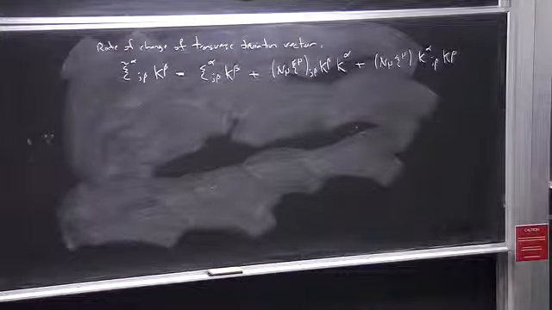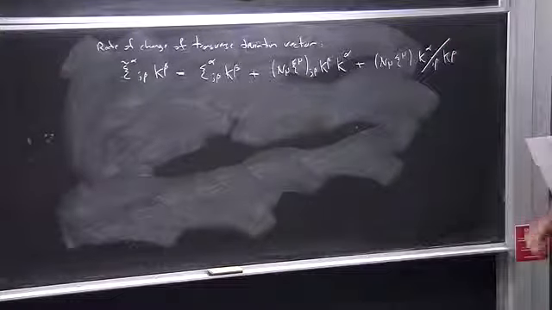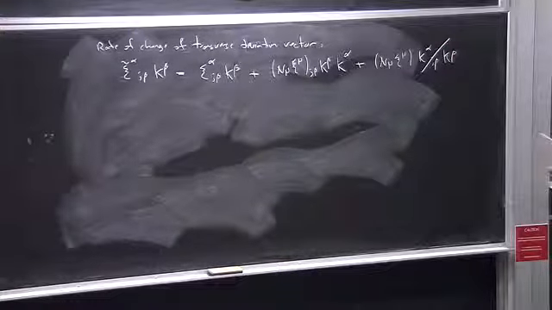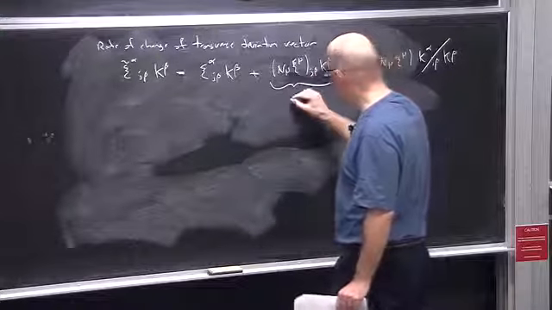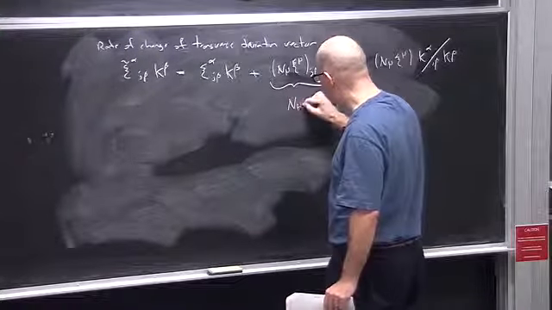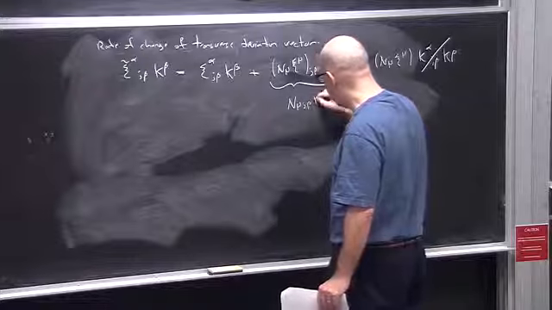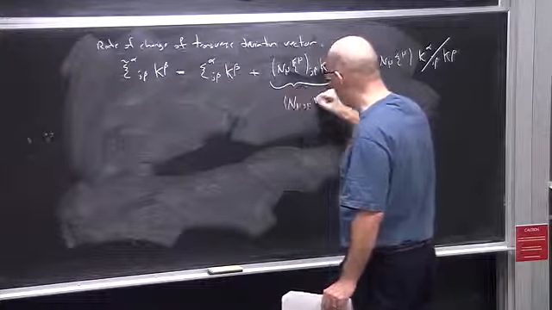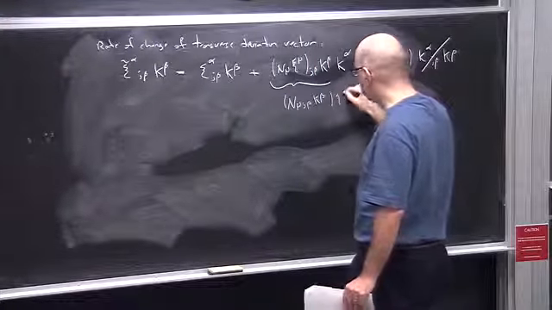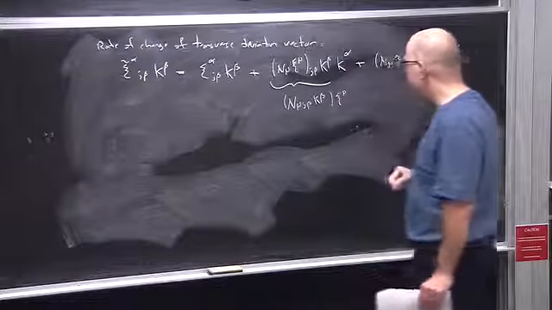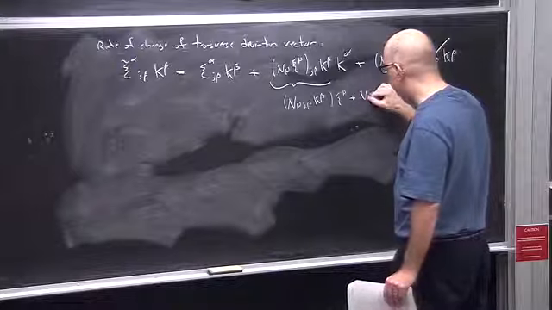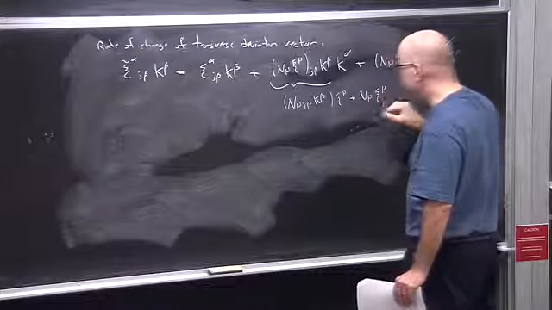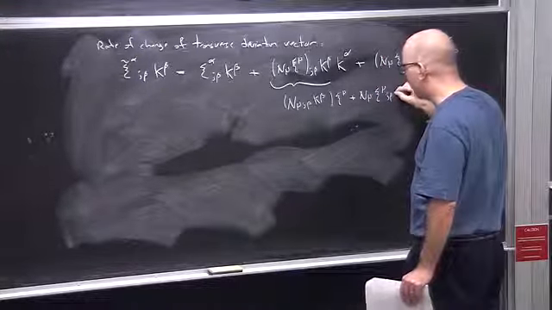So the last term is 0, because this satisfies the geodesic equation. We have to work out this. This is going to be given by the derivative of the n vector in the direction of k, and this multiplies xi mu and this multiplies the k alpha that's left over. And then we have the derivative of the xi vector in the direction of k.